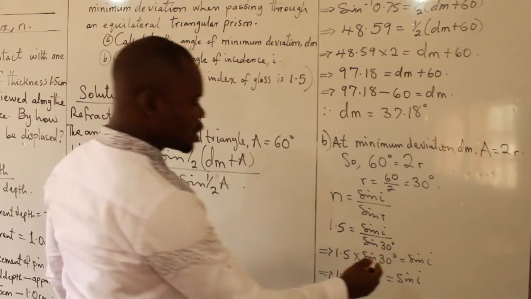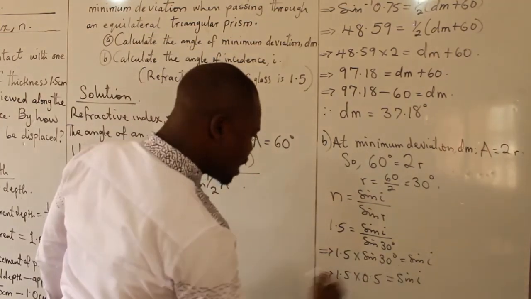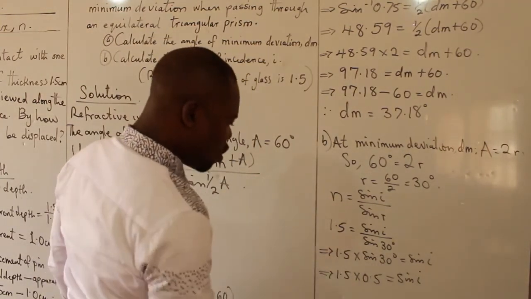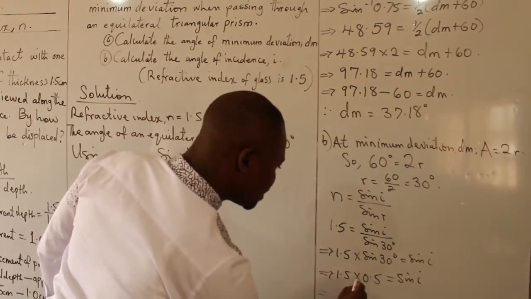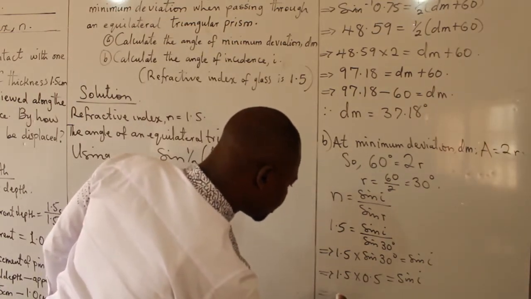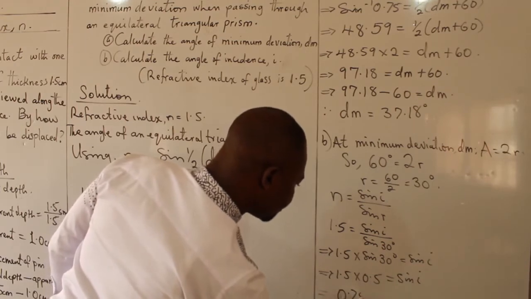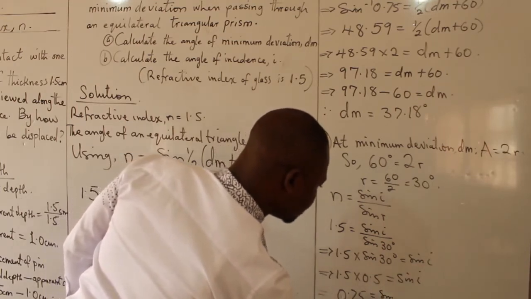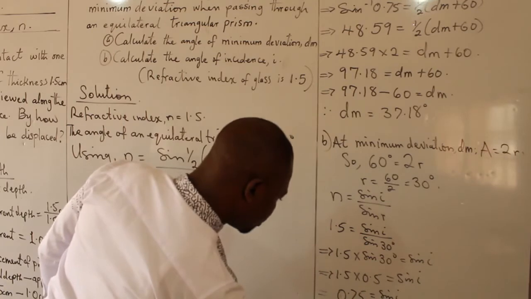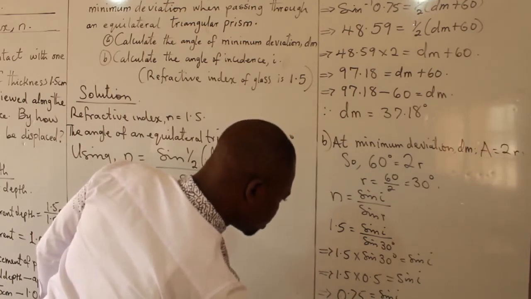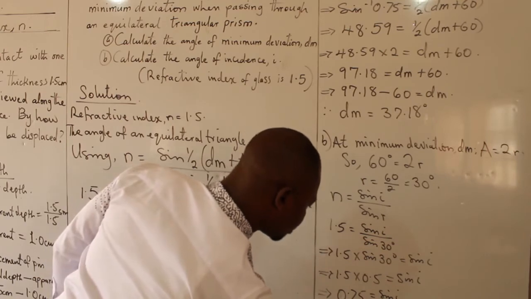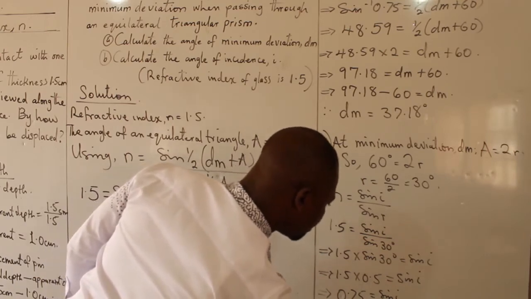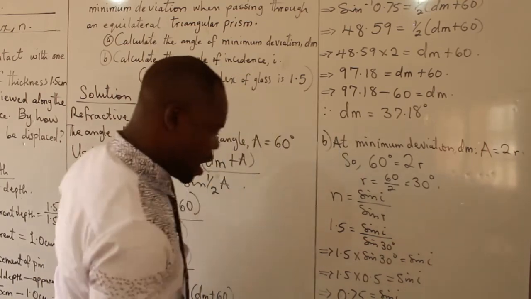If you make sine i the subject, you find the inverse of whatever is happening here. So we have 1.5 times 0.5 will give you 0.75 equals sine i. So i, which is the angle of incidence, equals arc sine 0.75.